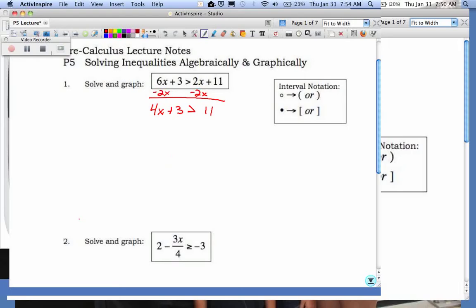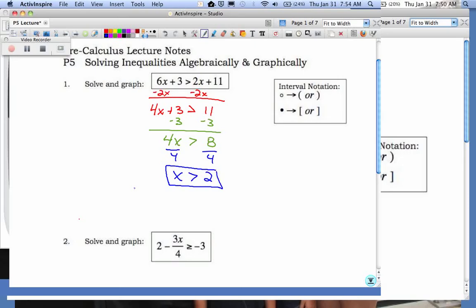Move the 3 back to the other side. So it's not any different than what we've done in the past. Finally, divide by 4 on both sides. And get x greater than 2. So that's an algebraic solution.